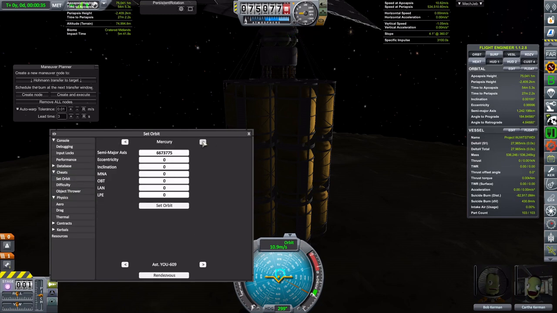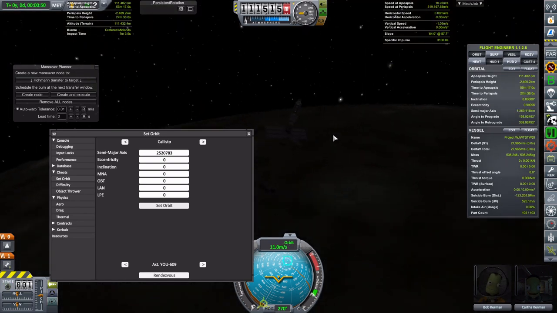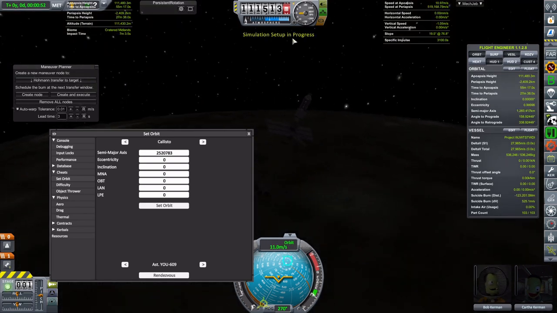Set orbit. Callisto, centimeter axis. Let's put it a little further out. Okay, there we go. It's trying to override it with the simulation setup.